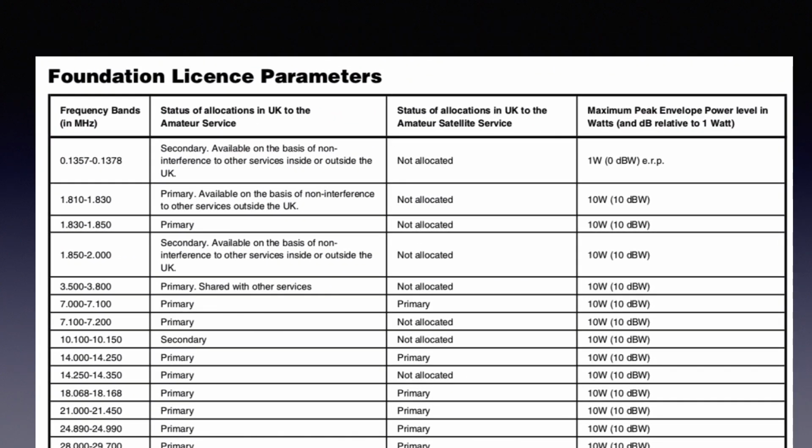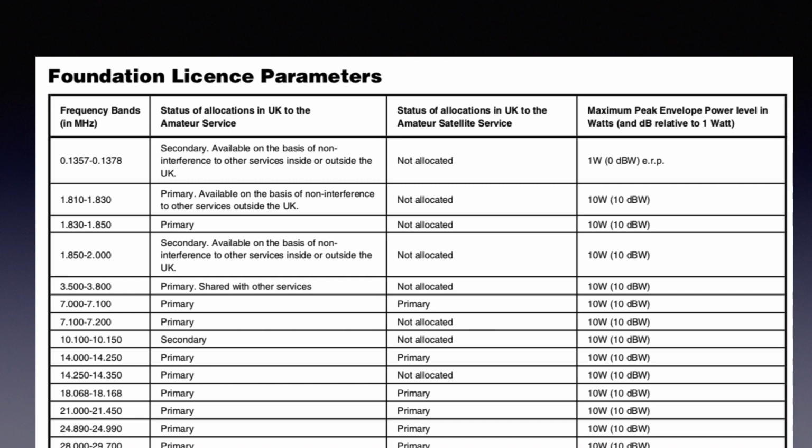And on this then we have 4 columns: the frequencies of the top and the bottom of the band, the status of the allocation in the UK, and this is basically a comment field where it's saying whether it's primary, in other words, amateurs are the main users, secondary, where amateurs are, if you like, the secondary users, and whether or not it's shared, in other words, whether it's exclusive to amateurs or shared with other users.